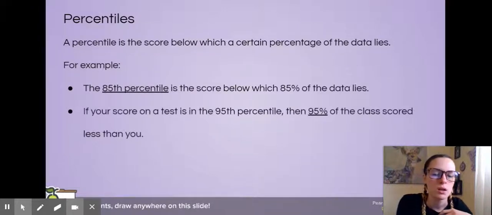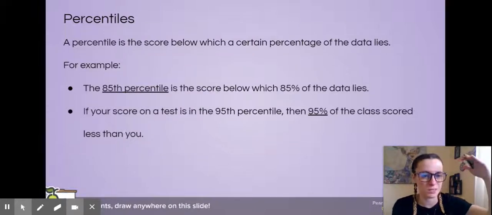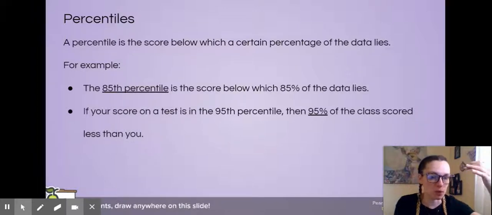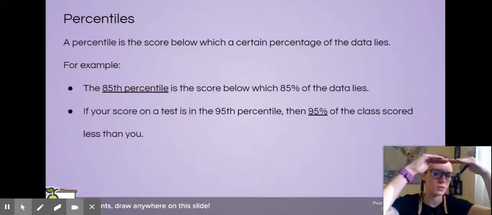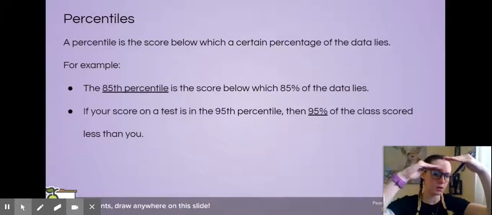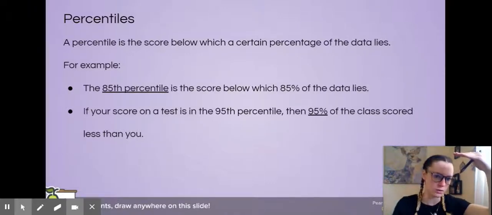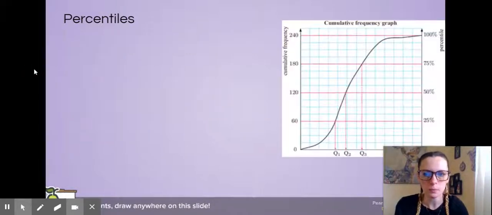Or if you score in the 95th percentile on a test, 95% of the class scored less than you. So basically, whatever that number is, it's the highest value in the percentage. So the 85th percentile, I'm at 85% and I'm including all the values below it. Or in the 95th percentile, I'm including all the data values below 95%.